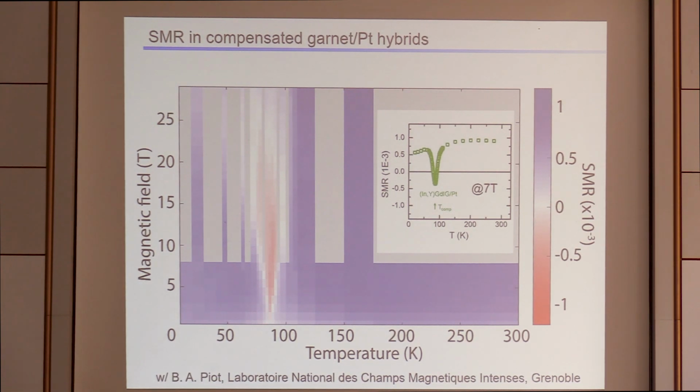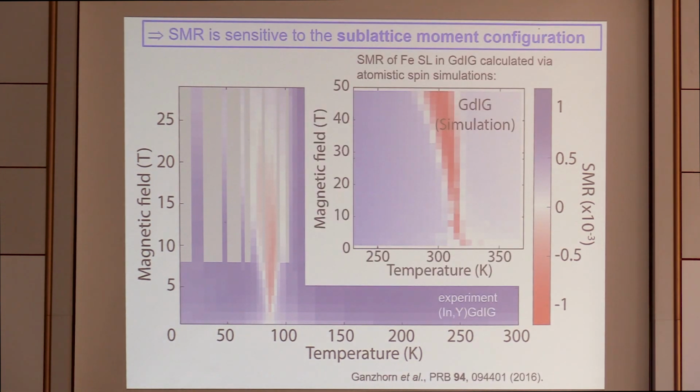And then we went to Grenoble to the high field lab and measured up to 30 Tesla. And you see that this negative phase pocket actually extends to large magnetic fields. And this can be very nicely understood using atomistic spin calculations from Joe Barker, who calculated the expected spin-Hall magnetoresistance, assuming that iron sublattices dominate the response.